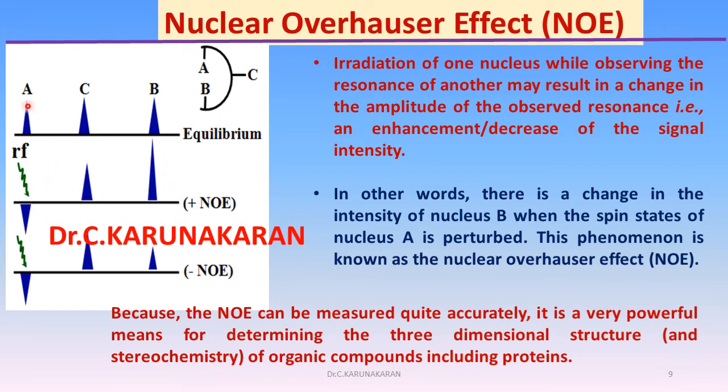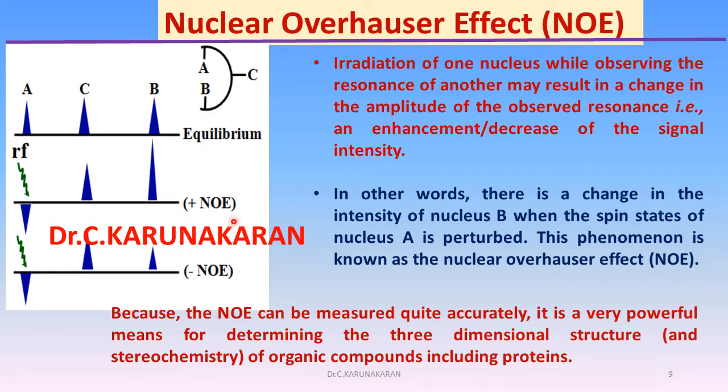When using the double resonance technique, when the A proton is irradiated, there is a change in the intensity of the NMR peak of B, because A and B are close to each other.